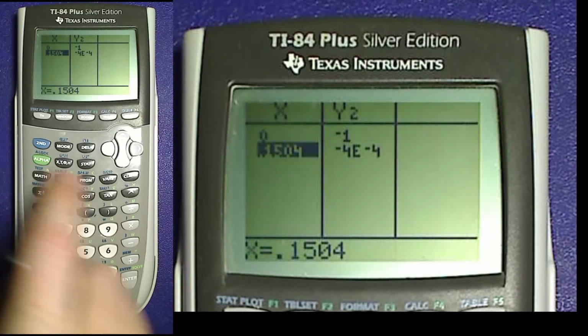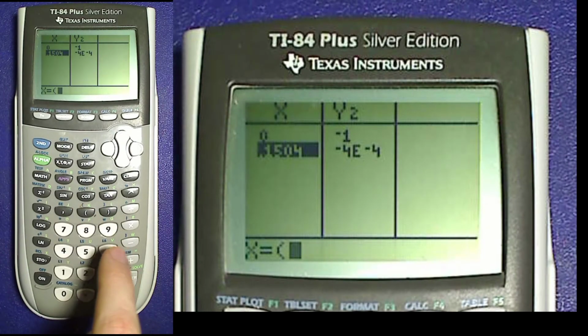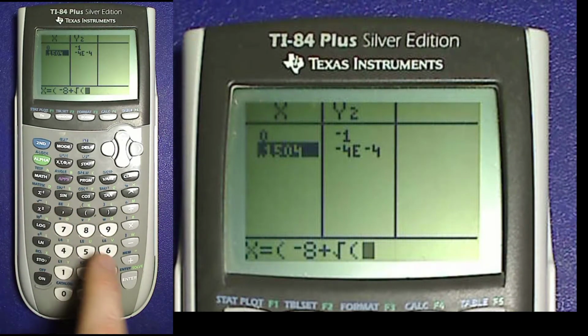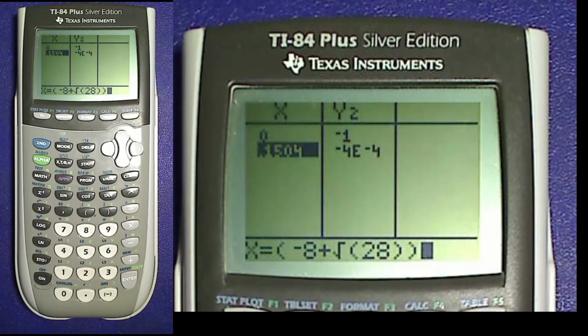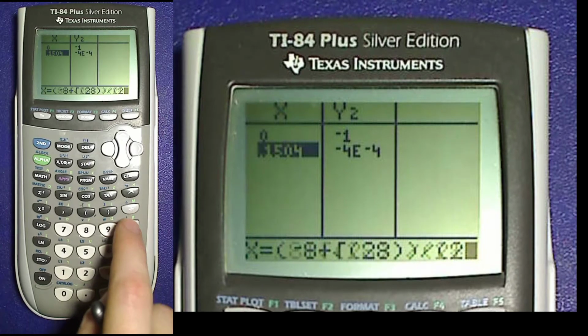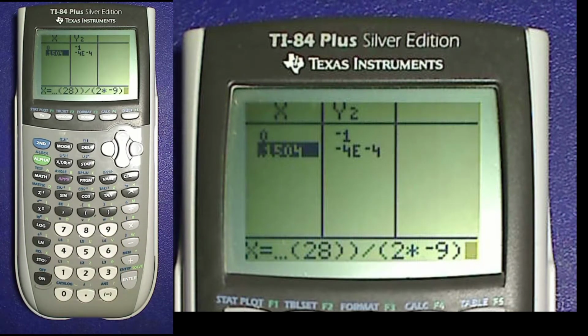If I wanted to, I could also type in the calculation again. So negative 8 plus square root of 28. That's the numerator. And then I have to divide, and just to show you this, you need parentheses if you're going to do multiplication in the denominator.